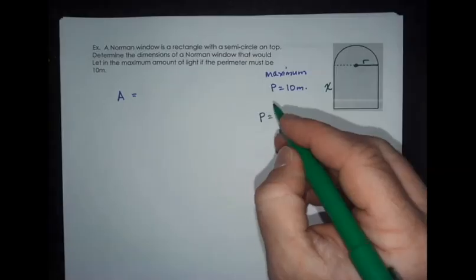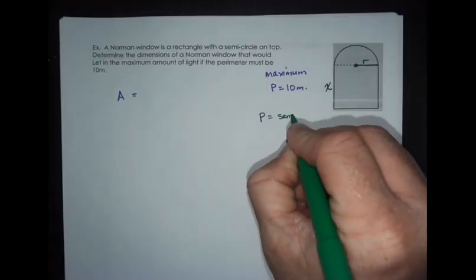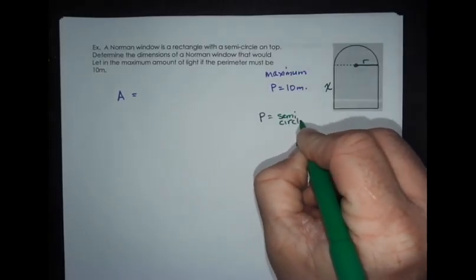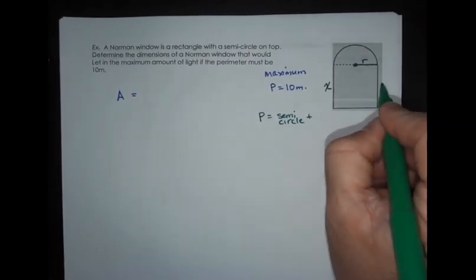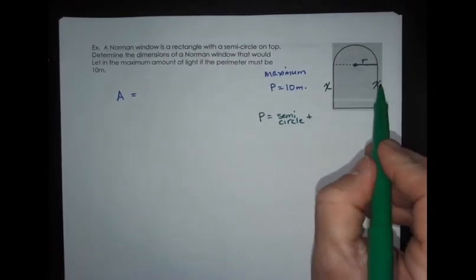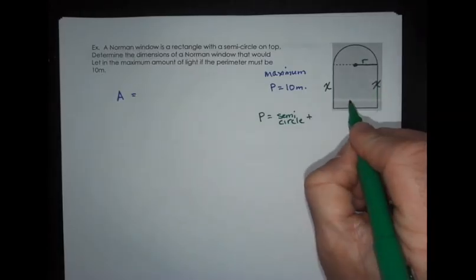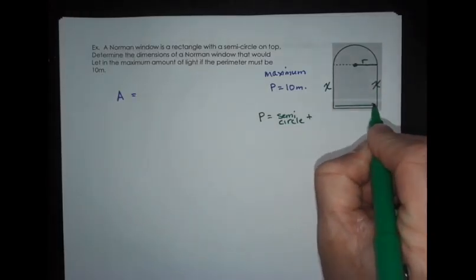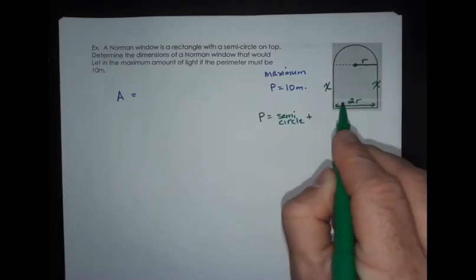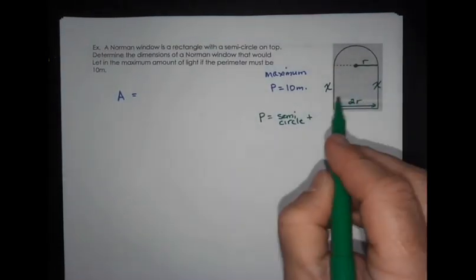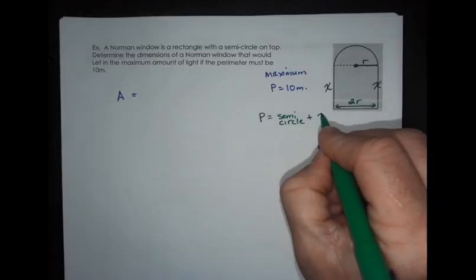So I've got a semicircle for my perimeter plus 2 x's, right? An x there, an x there. And this distance from here to here would be 2r because the radius is r there. That has to be 2r there.